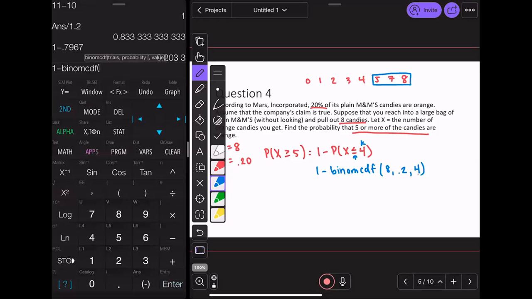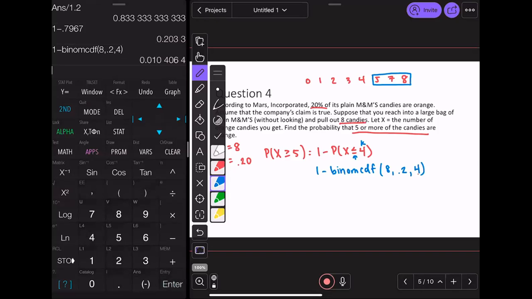You do need to make sure you choose CDF, because if you choose PDF, it's only going to give you the probability that X equals 4, but we want 4 or less. So 8, 0.2, and then 4. Then that's our probability, 0.0104. So that's the probability that if you were to reach your hand into a bag of M&Ms, 5 or more of the candies were orange, if you pulled out 8 candies.